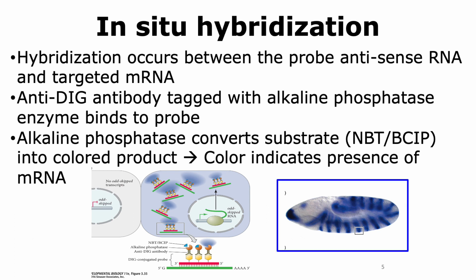The color indicates the presence of the target messenger RNA that we are interested in. When we look at the figure to the right, where we can see this oval-shaped embryo, wherever we see the blue staining is basically where the messenger RNA is actually present. So this is the process by which in situ hybridization occurs.